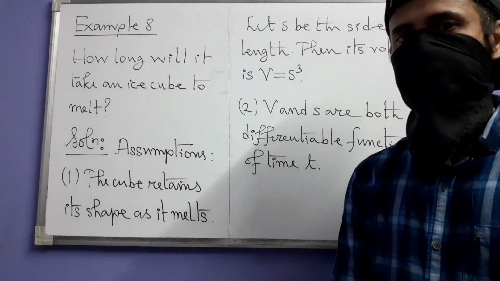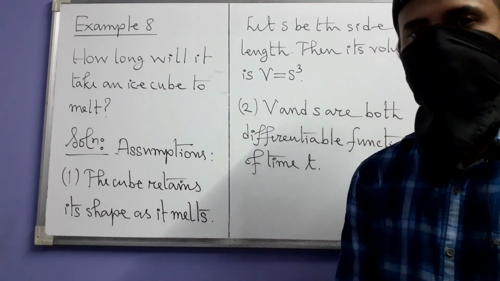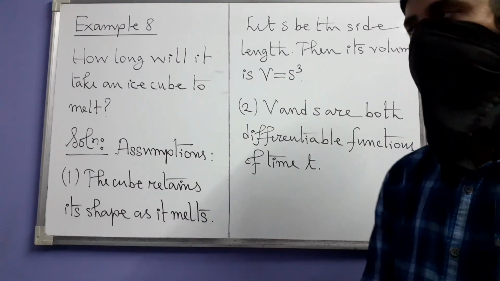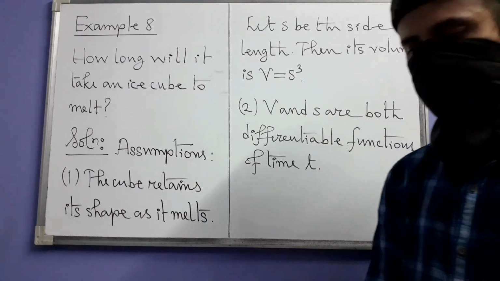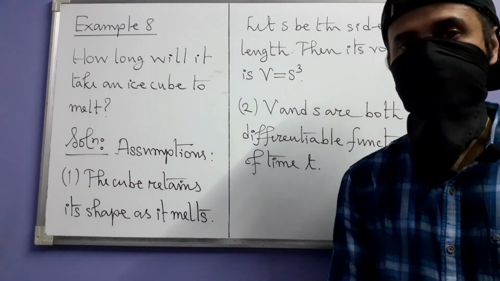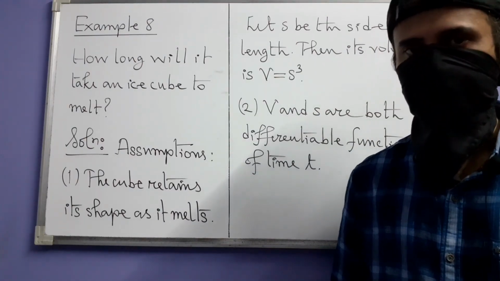The solution starts by erecting a mathematical model for solving the problem. You see, it's a real problem in the sense that it's a physical problem, a problem about the real world.